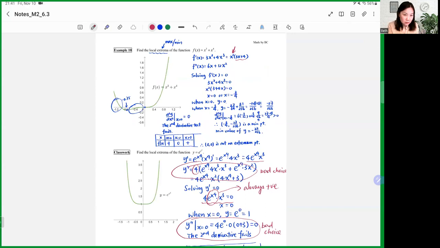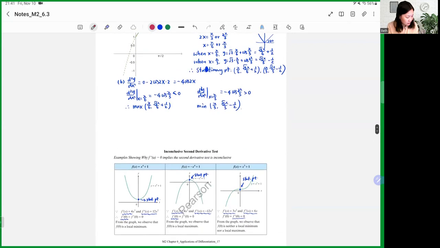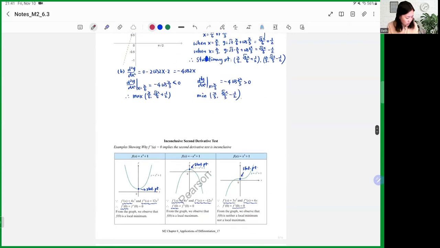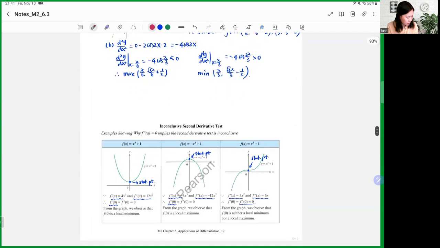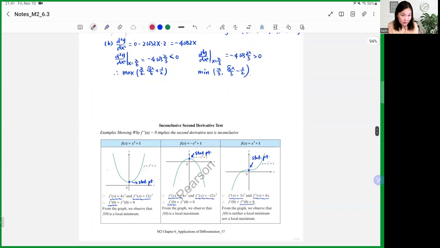I think maybe in this lesson, one thing you didn't realize is that even with this curve, we can see that it is concave up. At most of the points, the second derivative is positive, but at this point, the second derivative is 0.